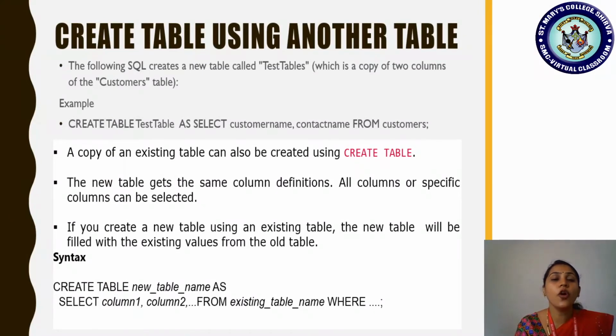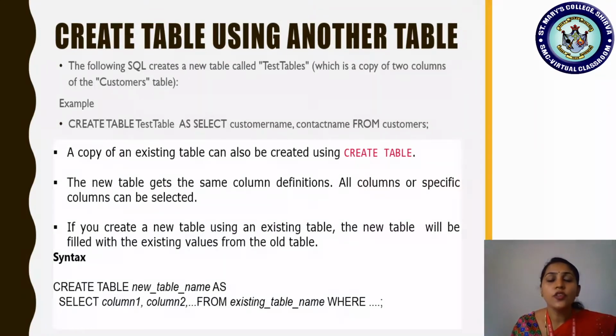So whenever you are copying certain columns from the already existing table to the new table, for example here we are selecting customer name, contact name from the already existing customer table, and you are attaching that to the which one?